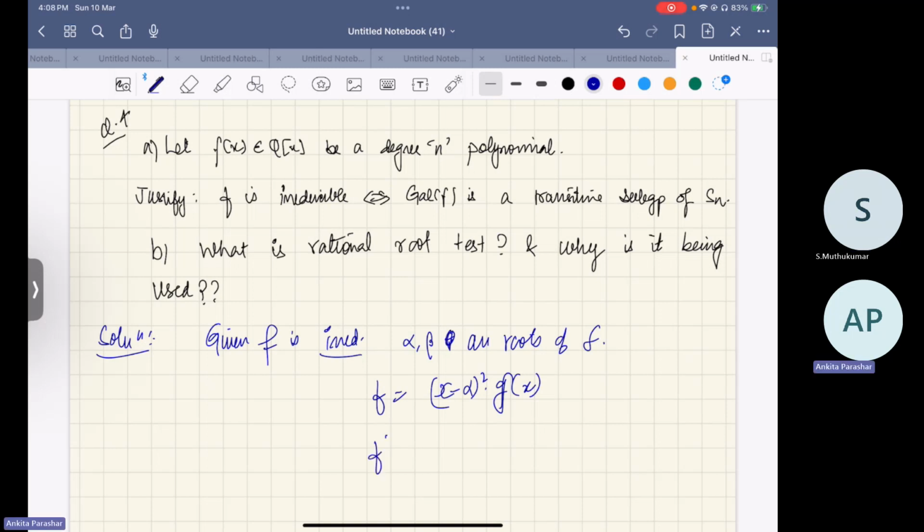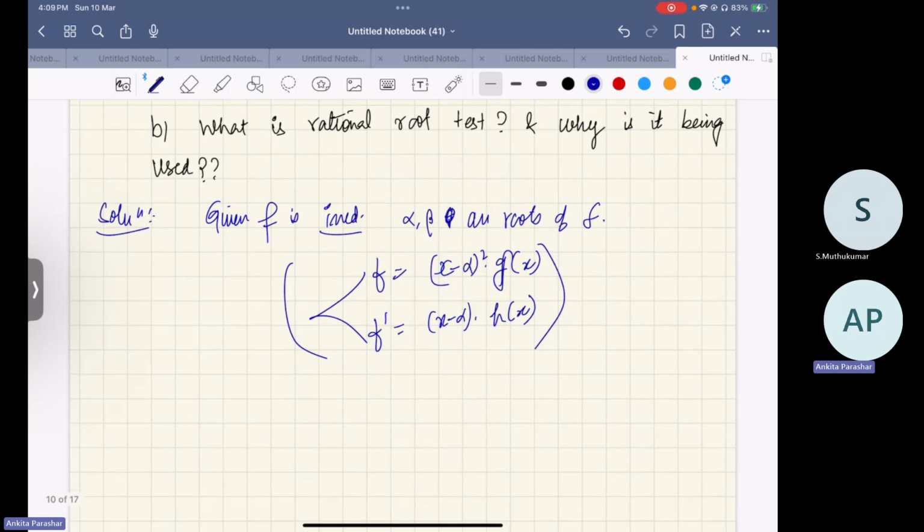Because f prime will then have x minus alpha times some factor, so f and f prime have a common factor. But for irreducibility, that is not allowed. So once you have an irreducible polynomial, it cannot have repeated roots. All roots will be distinct. This is one beautiful thing that one has to observe.